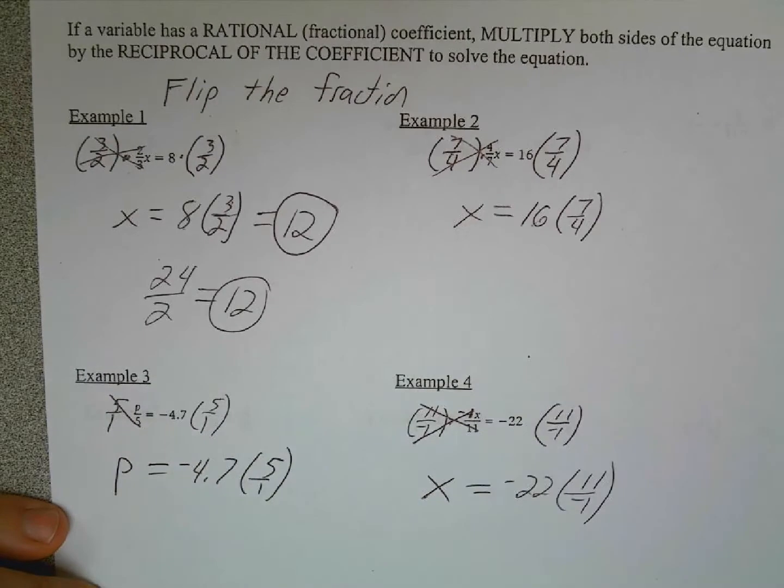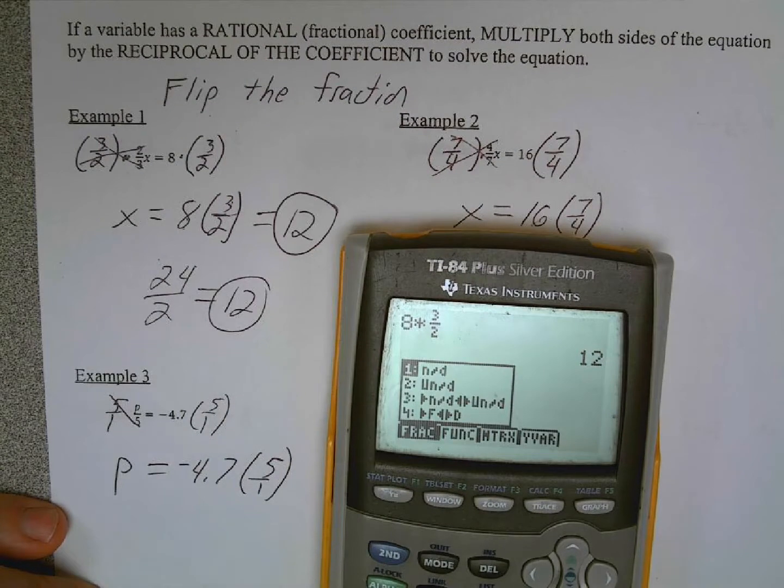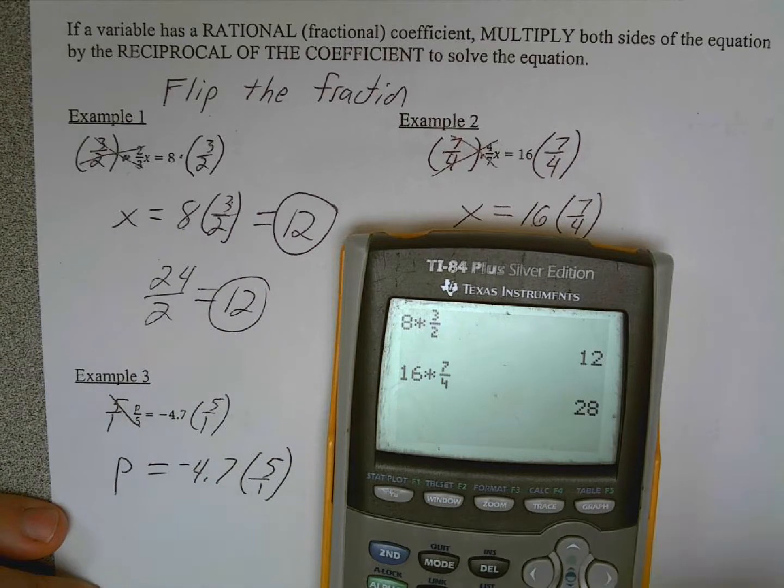16 times 7, you can use the calculator, right? So we can go 16 times alpha y equals 7/4. We get 28.